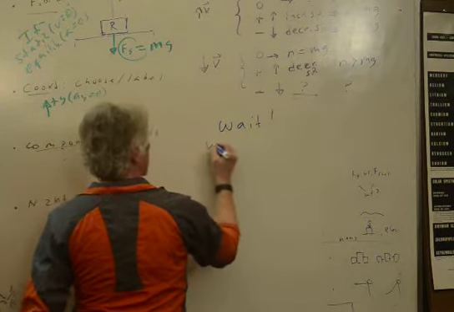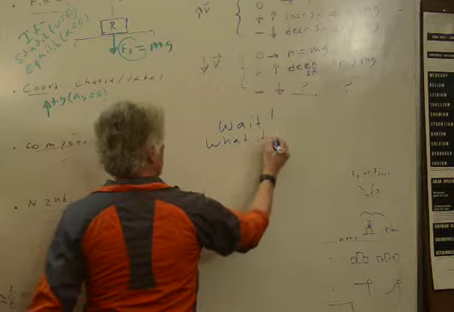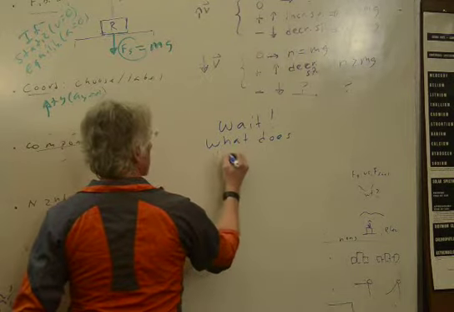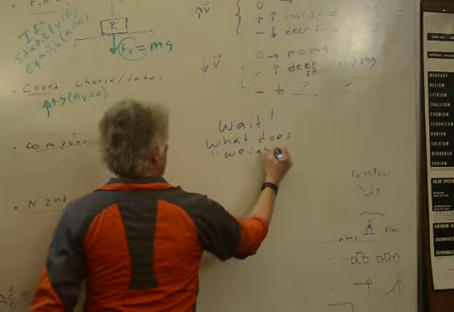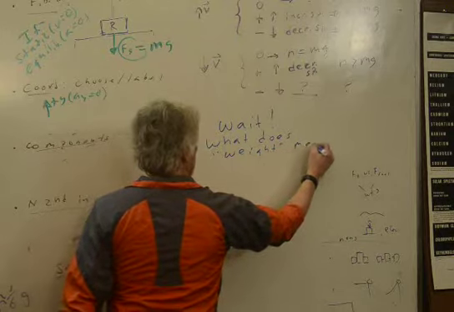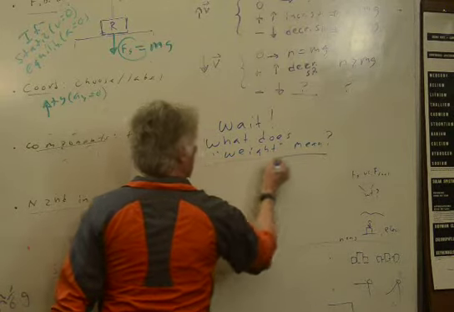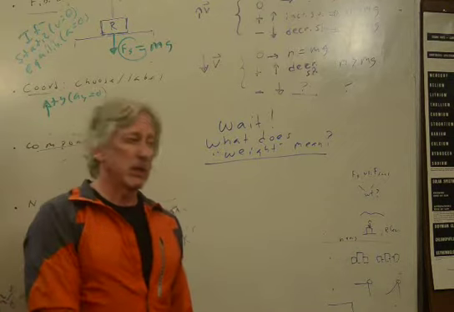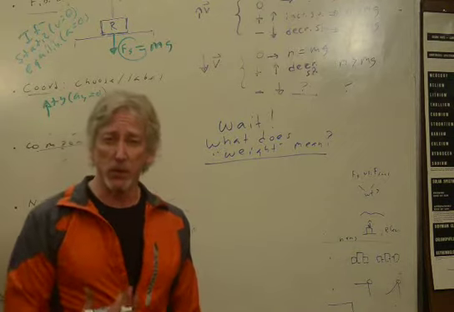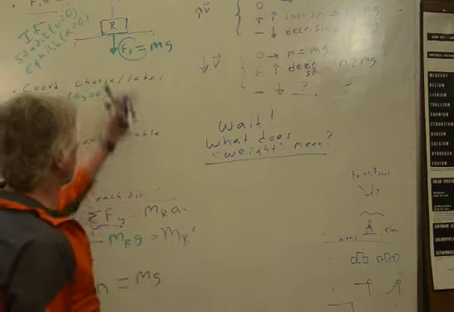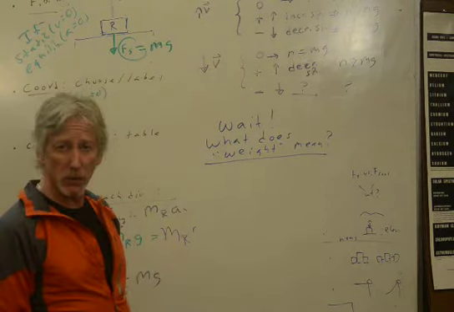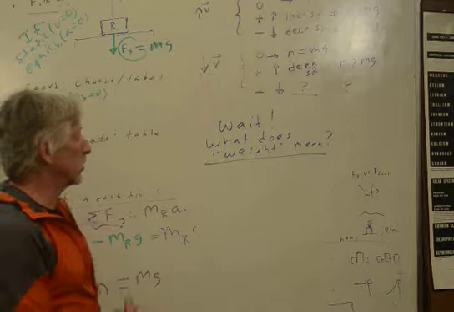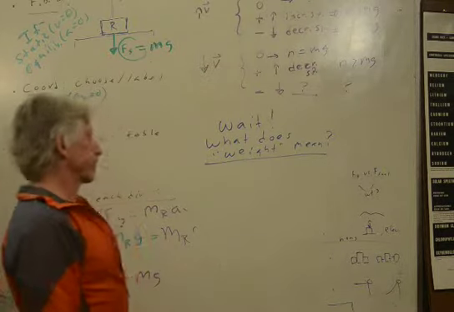Weight. What does weight mean? Personally, my suggestion is don't even use it, but books will. Sometimes instead of force of gravity, they'll use the letter W, or W with an arrow.